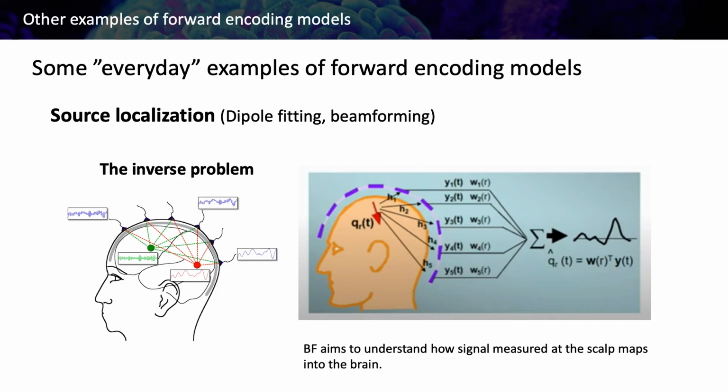When you solve this model, what you get in the end is some kind of spatial filter, and you can localize where the activity is, and you can even project this activity back from the external channels into these virtual channels that are created inside the grid of the head.